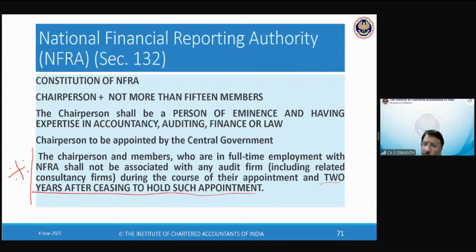Is it correct? No, because he cannot be associated, whether as partner or employee, with any audit firm or the related consultancy firms. See, many audit firms have consultancy firms which do not perform audit and attest functions, but which have common partners.